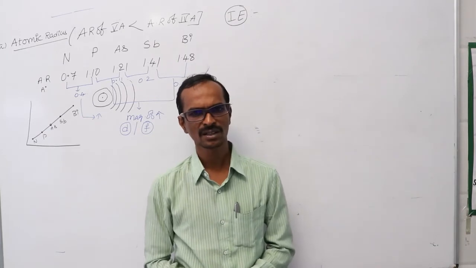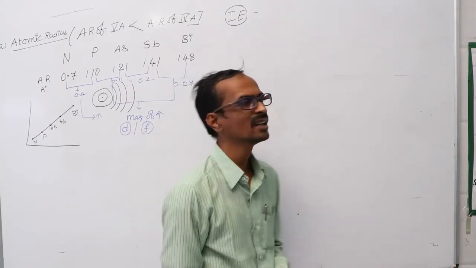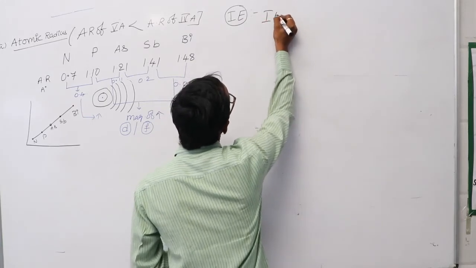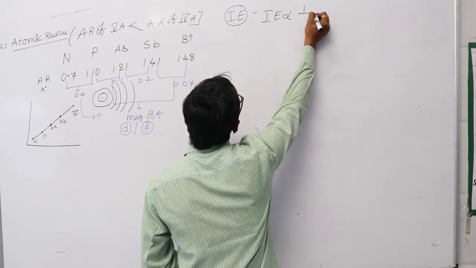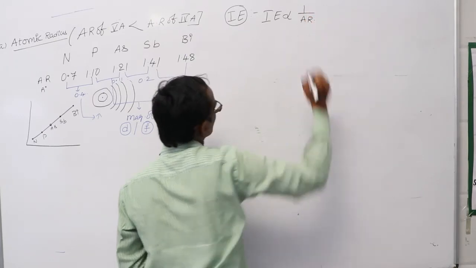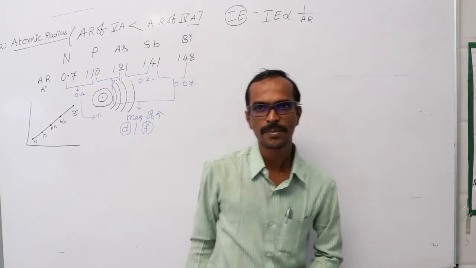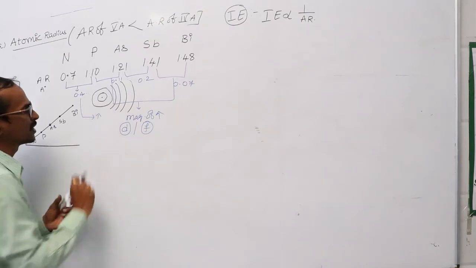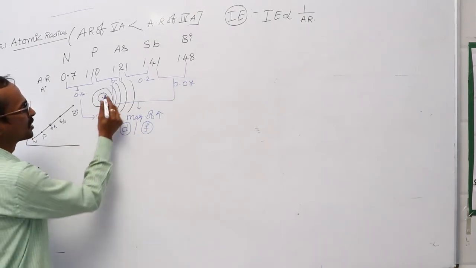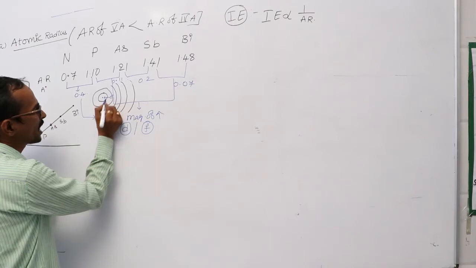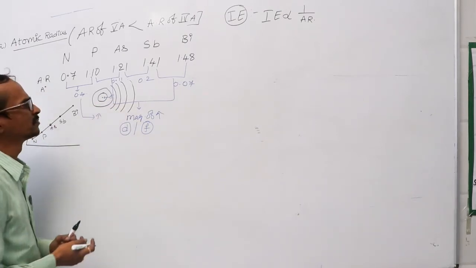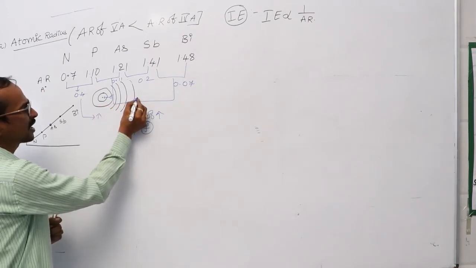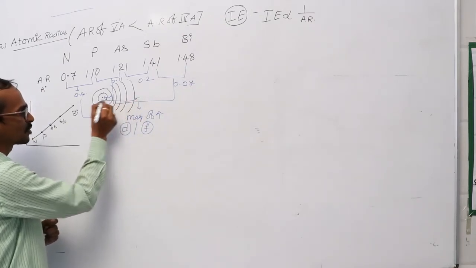What happens to this ionization energy in the 15th group? We know that the ionization energy is inversely proportional to atomic radius. If an element has only one shell, the electron is very close to the nucleus. If an element has 1, 2, 3, 4, 5 shells, the electron in the valency shell is away from the nucleus.